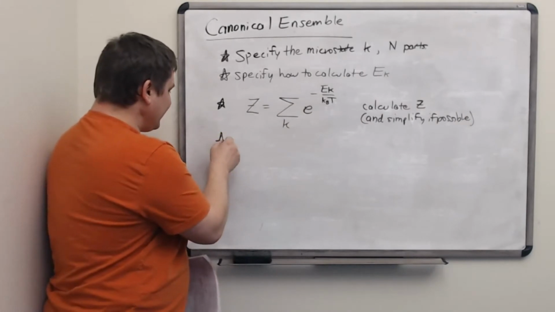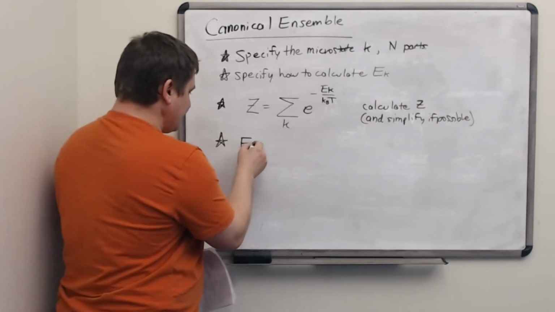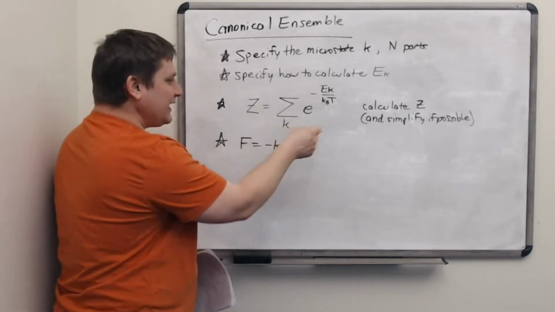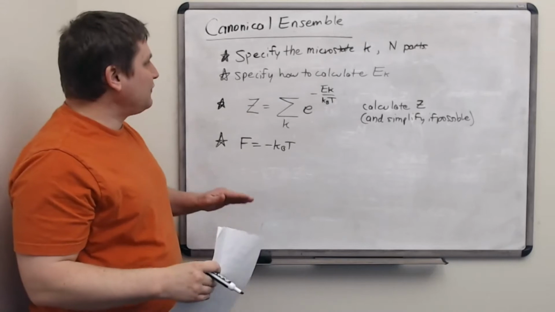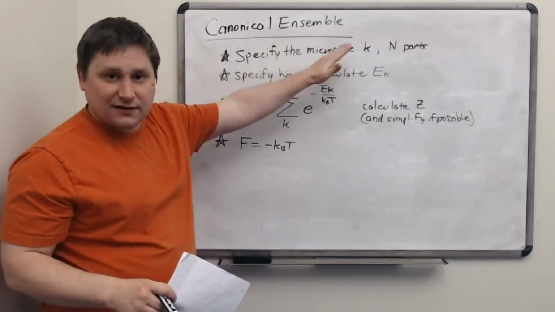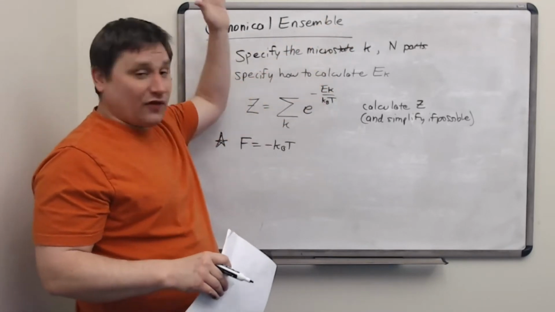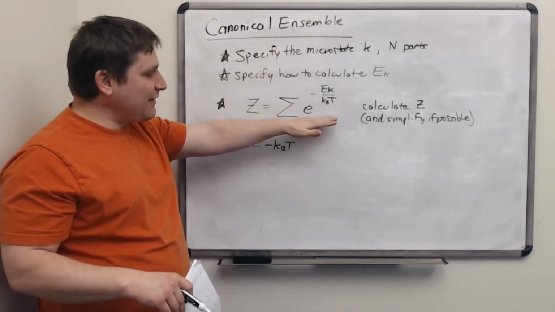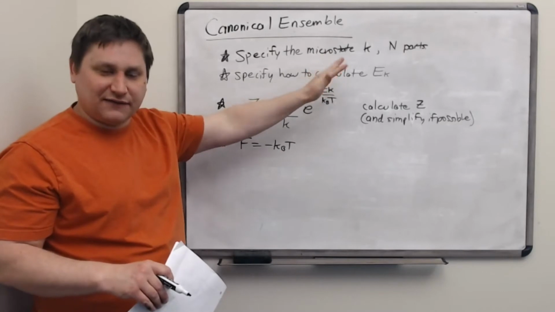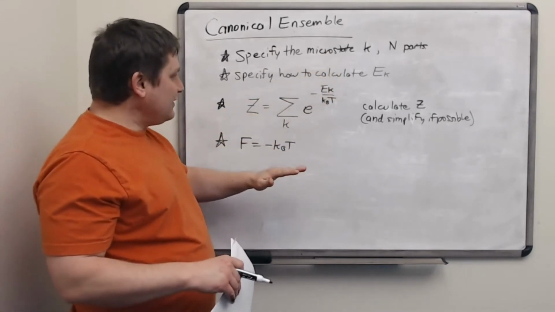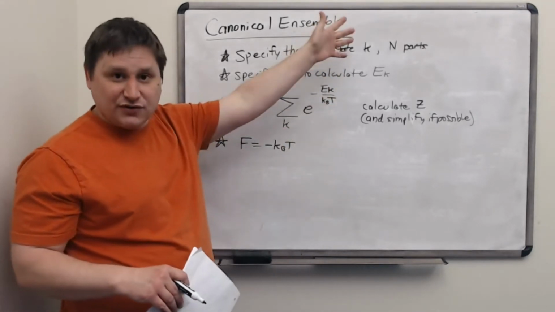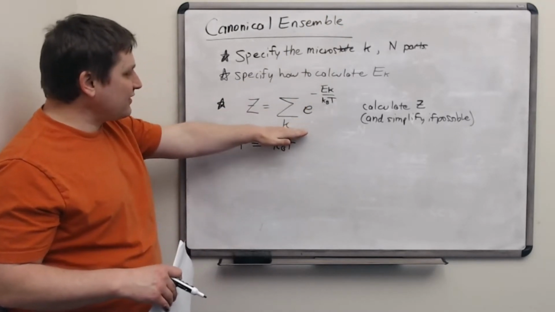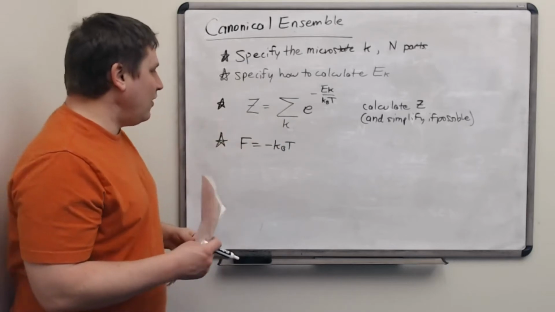All right, so we calculate Z. And calculating the Z like this, if the microstate is the entire system and we specify all the possible unique microstates, then this method takes care of that many particle stuff that we talked about. That may come into how you decide what's a unique microstate. But here we assume that you specified all the unique microstates K and you sum up over all of them.